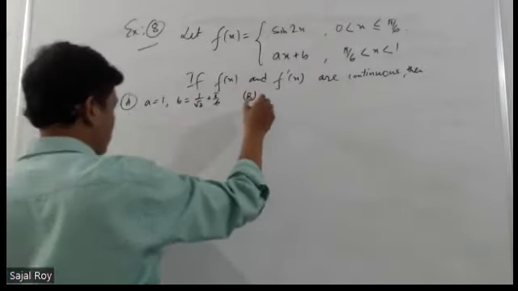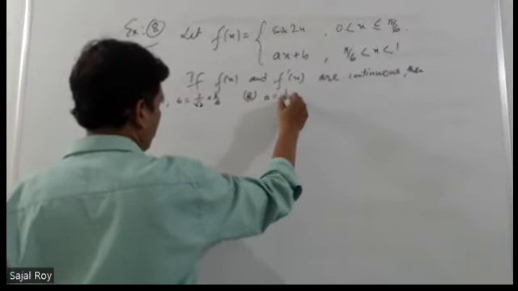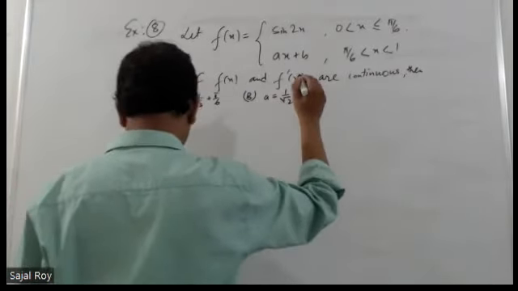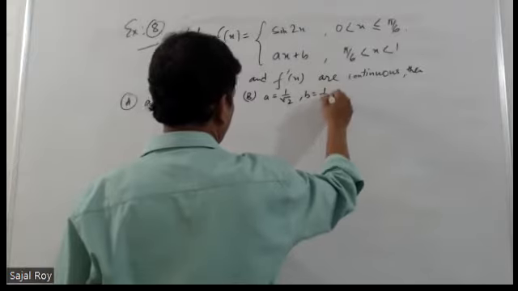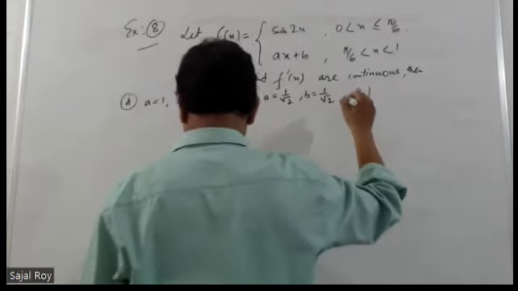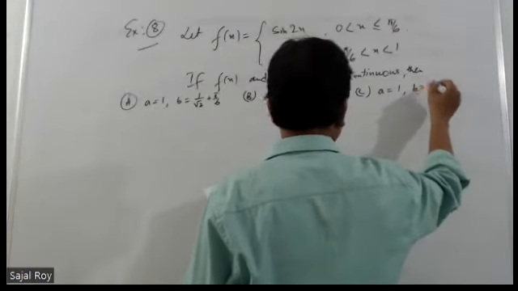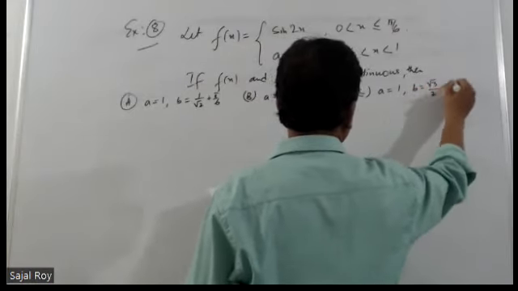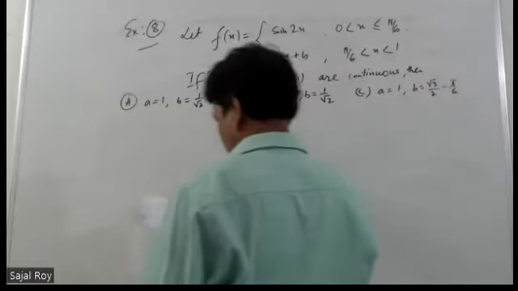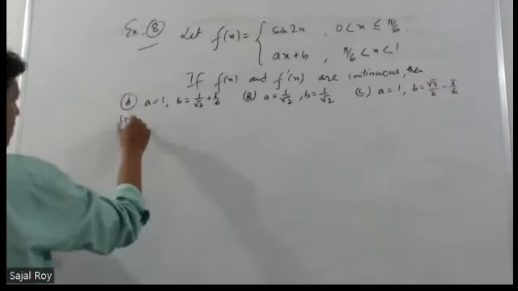Option B: a equal to 1/√2, b equal to 1/√2. Option C: a equal to 1, b equal to √3/2 minus pi/6. D is none.